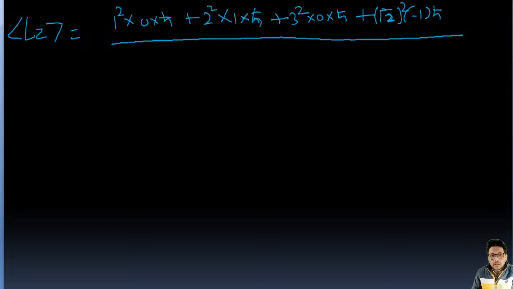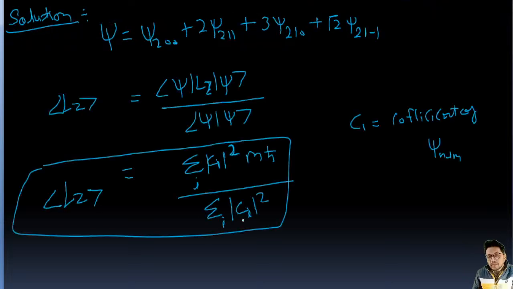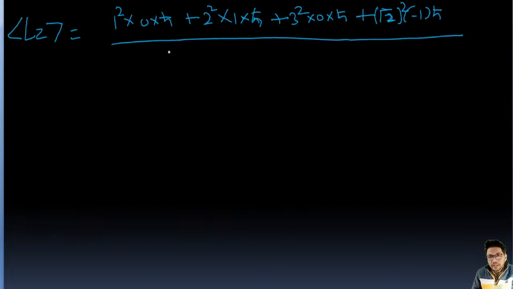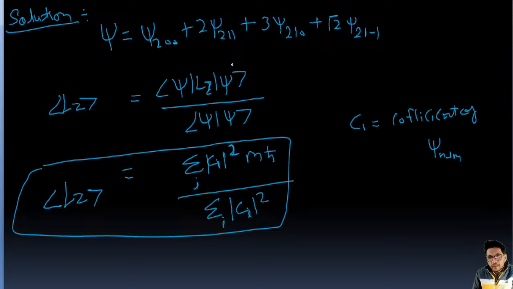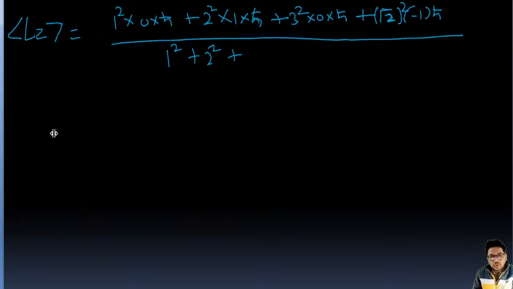Upon sigma mod Ci square, the coefficients squared: 1 square plus 2 square plus 3 square plus root 2 square. We'll simplify it.